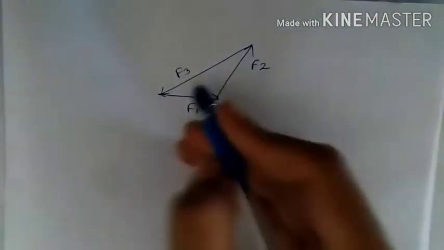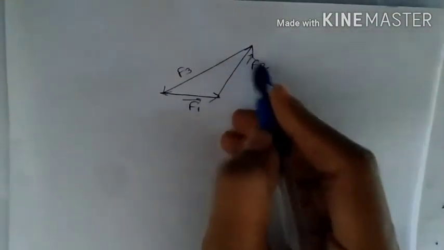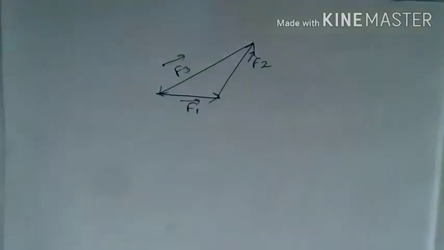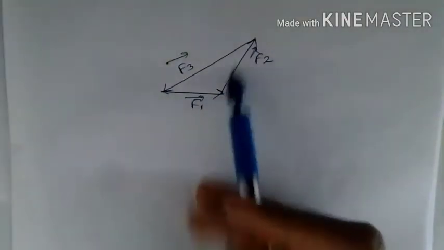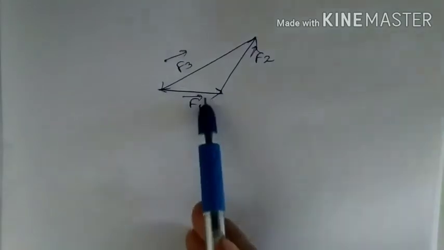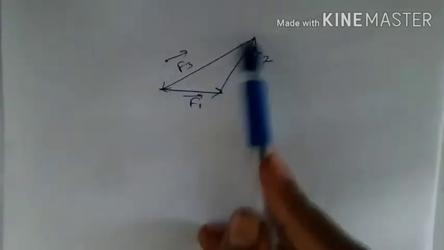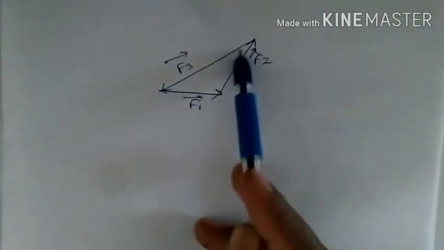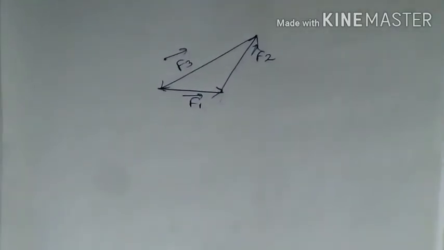As you can see, the three vectors F1, F2, F3 can be represented by the sides of a triangle. So these three forces are represented by the sides of a triangle. If you observe, they are in the same order. So they go in an anti-clockwise direction.